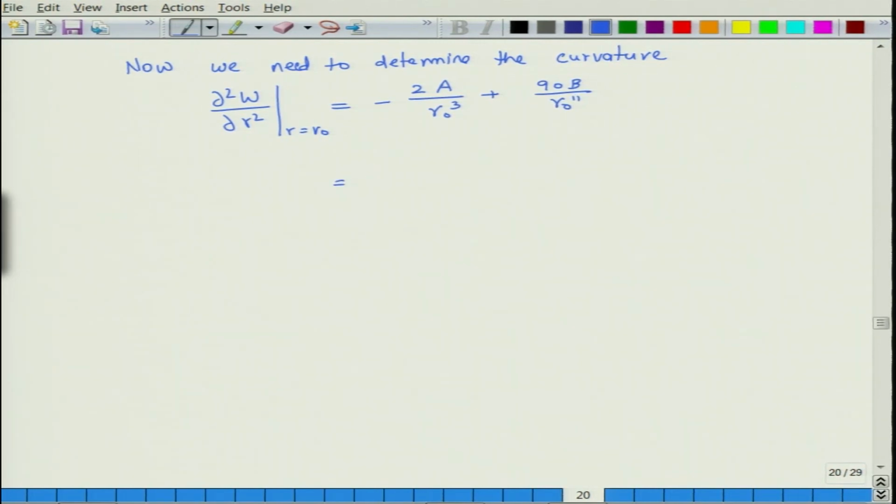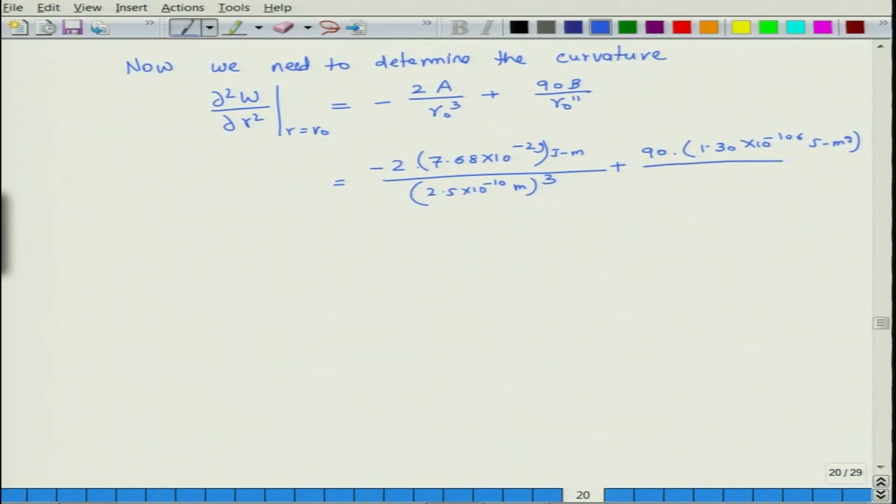So if you now plug in the values, what you get is minus 2 into 7.68 into 10 to the power minus 29 joule meter, divided by 2.5 into 10 to the power minus 10 meter whole cube, plus 90 into 1.30 into 10 to the power minus 106 joule meter to the power 9, this is 90B, divided by R naught, which is 2.5 into 10 to the power minus 10 to the power 11, in meter.